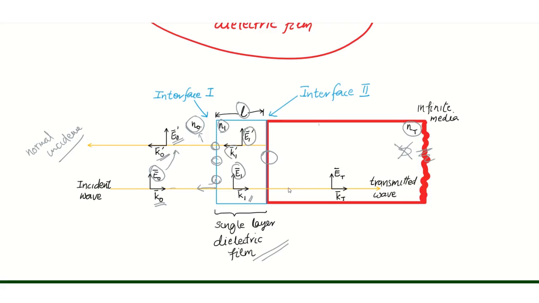The reflected wave vector is K1 prime. Part of it will be transmitted, with the K vector KT in the transmission medium or in the substrate, and ET is the electric field amplitude of the transmitted wave. We have two interfaces, interface 1 and interface 2.